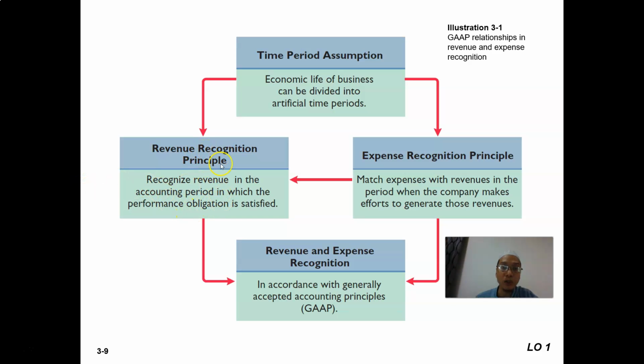This is the revenue recognition principle. For the expense recognition principle, we need to match the expenses with the revenue in the period when the company makes effort to generate those revenues. All these revenue and expense recognition principles are in accordance with GAAP.